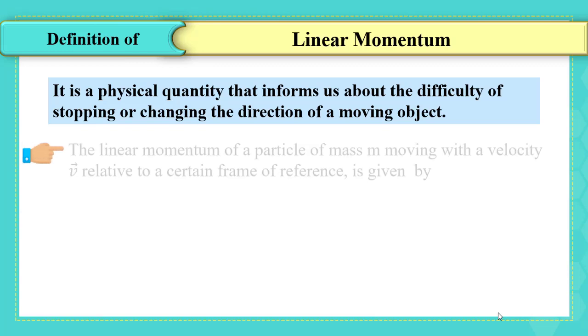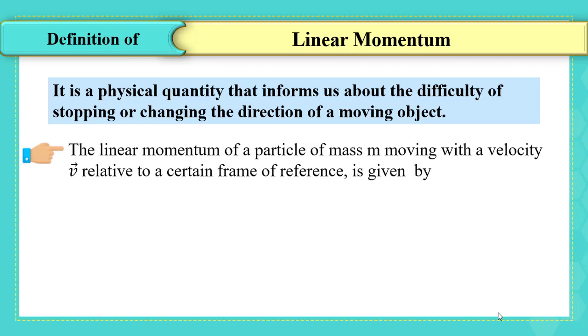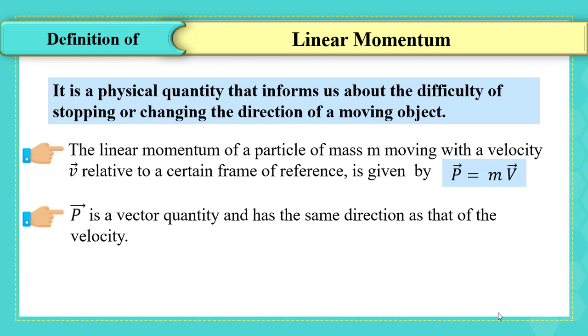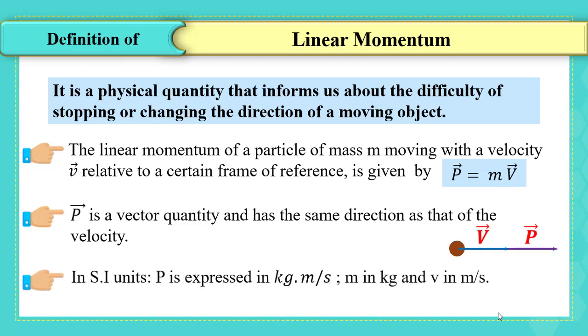The linear momentum then of a particle of mass m moving with a velocity v can be expressed as p vector, the symbol of linear momentum, equals the mass of the system times the velocity vector. P and v vector should have the same direction because they are collinear, and the unit of p is given as kilogram meter per second because m is expressed in kilogram and v is expressed in meter per second.